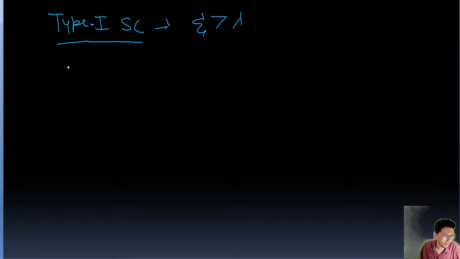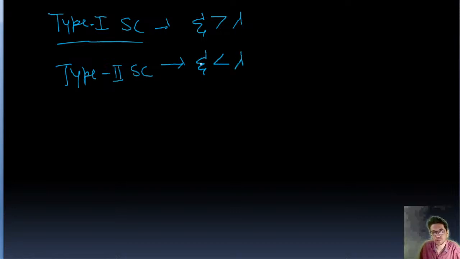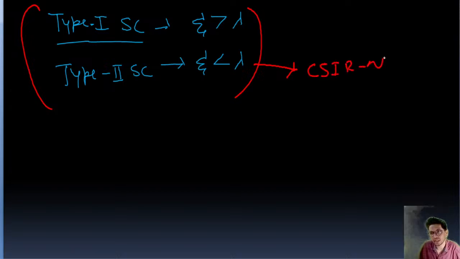Now for type 2, these are very important points. For a type 2 superconductor, zeta is less than lambda. So the coherence length is less than the penetration depth, and this is asked in CSIR NET, so it's important.